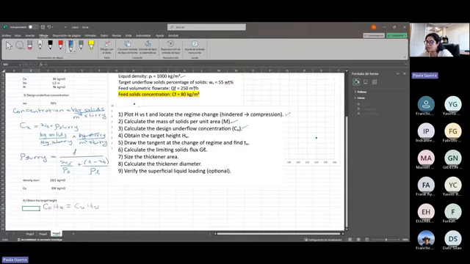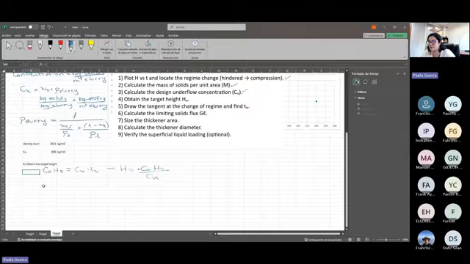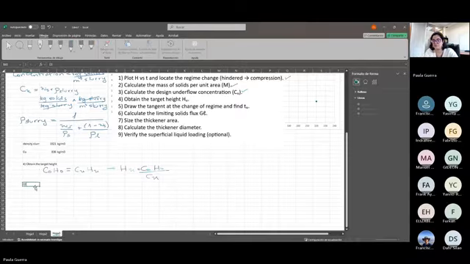So what we have to calculate now is Hu, and that is going to be calculated as C0 times H0 divided by Cu. So in our case, we already have all the data. Cu was calculated in the previous exercise.